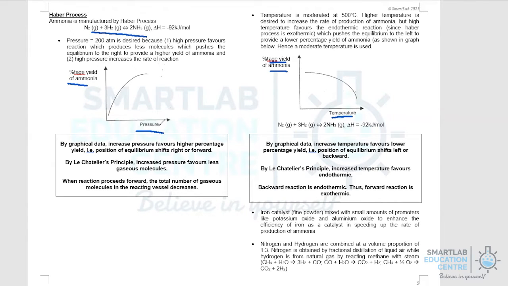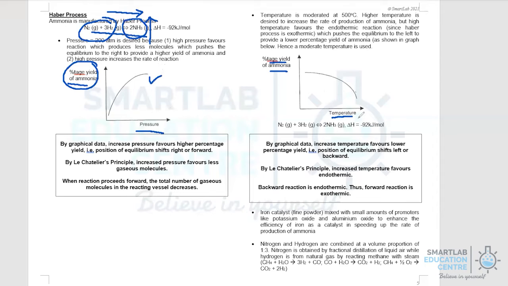Then it favors fewer gaseous molecules: here there are 4 moles of gaseous molecules on the left and 2 moles on the right. So to favor fewer gaseous molecules, the position of equilibrium will shift forward or right, which means you end up producing more ammonia. If I produce more ammonia, the percentage yield will increase, and hence the graph.